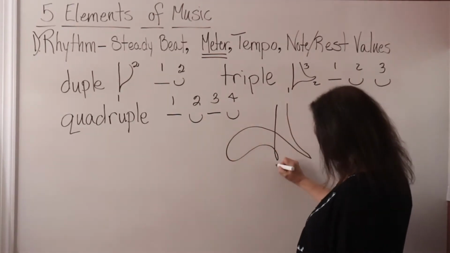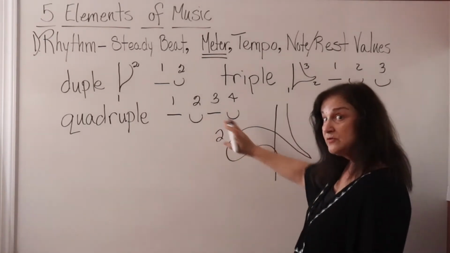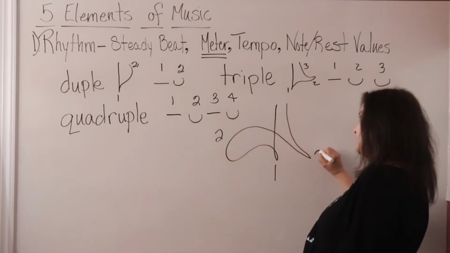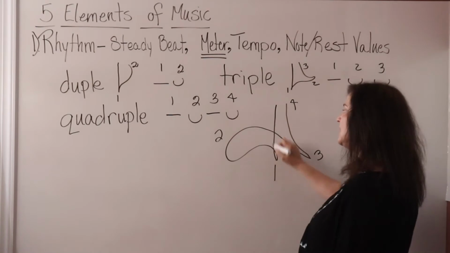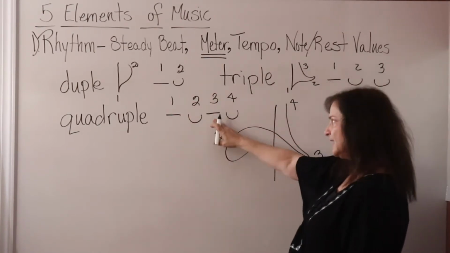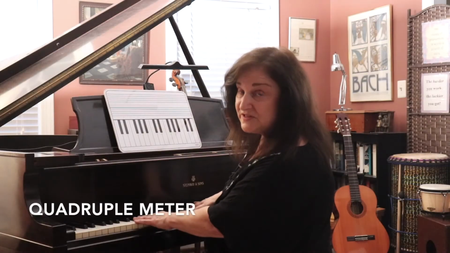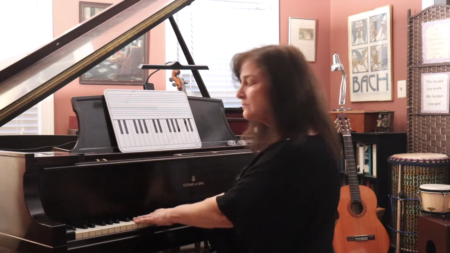So you have a downward motion here. 2 is the rebound of 1. Coming down is 3, and then going up is 4. So you have 1, 2, 3, 4. Accent, unaccent, accent, unaccent. The piece I'm going to play for you in quadruple meter is a Chopin prelude.